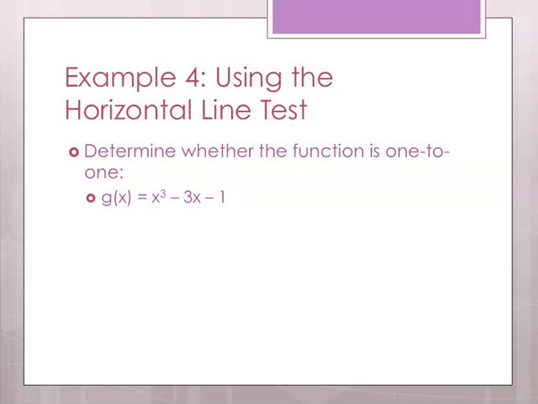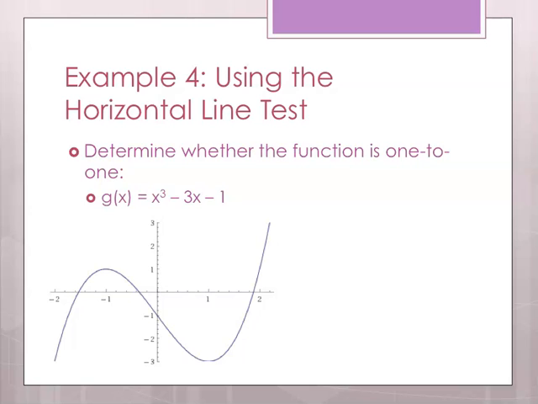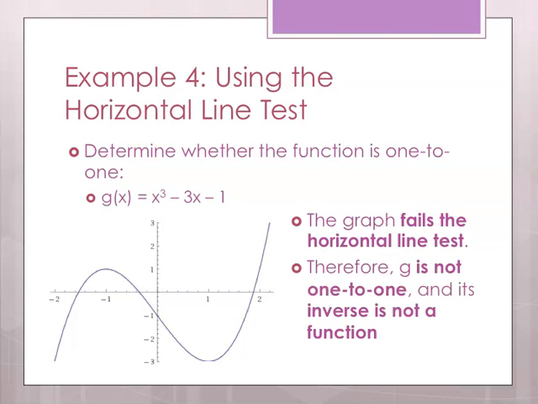If you look at the graph, on the other hand, it makes it very easy to tell using the horizontal line test. It looks like we can draw a horizontal line in a number of different places where it crosses the function in more than one place. So this graph fails the horizontal line test, which means we can say g is not one-to-one, and therefore its inverse is not a function.